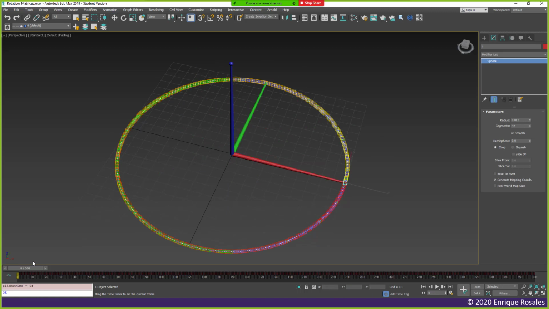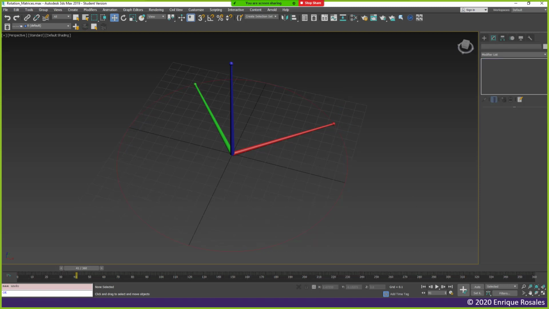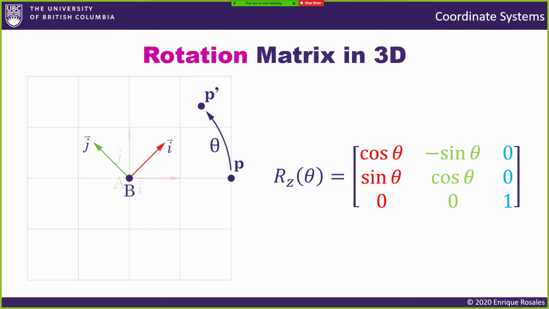The meaning of sine and cosine functions is just the components, the position on X and Y, of an imaginary point that is traveling at constant speed on a unitary circle. Okay, good. So let's go back to the presentation.